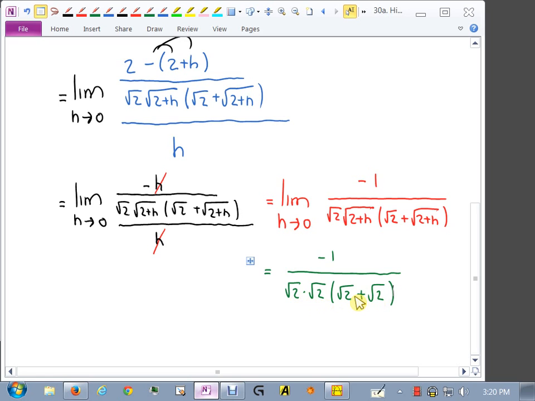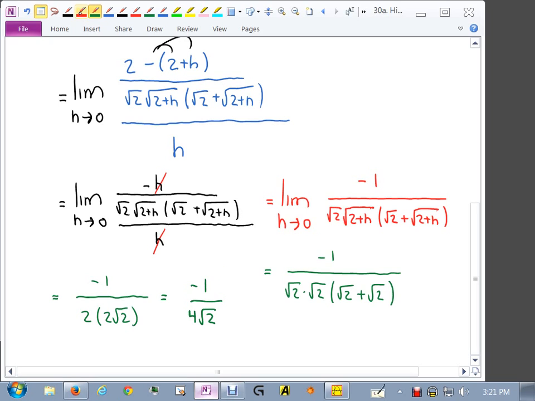These add together to become 2 root 2. So it's going to be 4 root 2. Negative 1 over 4 root 2. So this equals negative 1 over, I'll go a little slower, 2 times 2 root 2. So what's in parentheses here is what's in parentheses here. Root 2 times root 2 is 2. Multiply 2 times 2, negative 1 over 4 root 2.